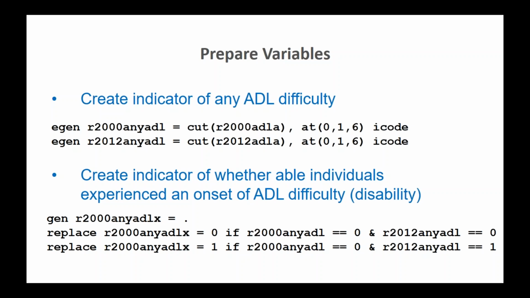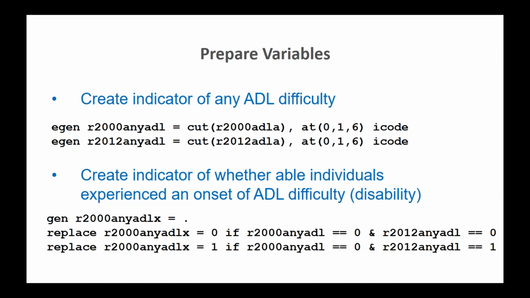So we're going to gen a variable called r2000 any ADL x here for change, right? So we're going to look at people. We want to just look at people who we know didn't have any ADL difficulties or no disability in 2000, who then transitioned at some point by 2012 to having at least one ADL difficulty.